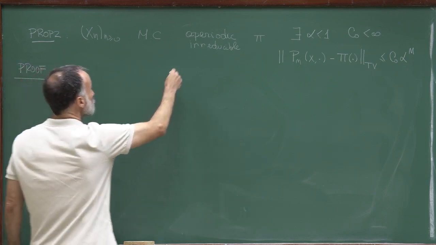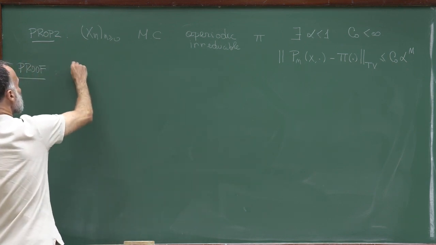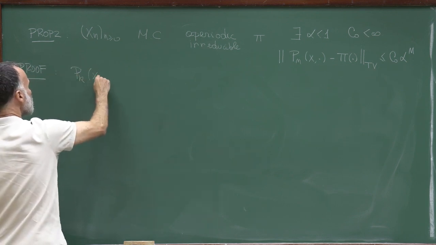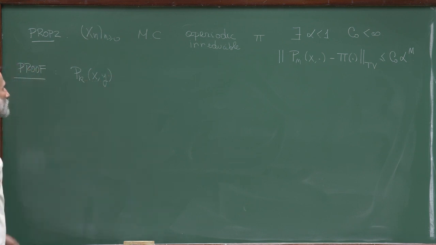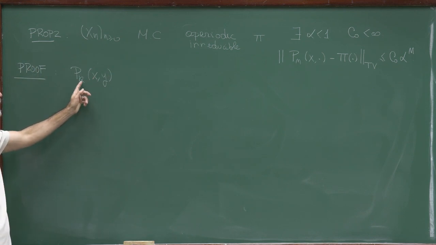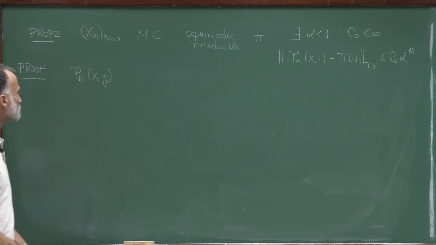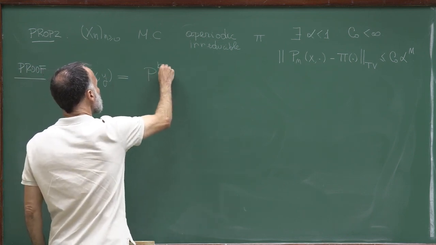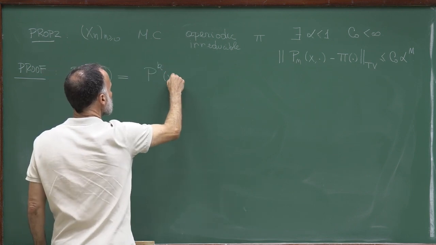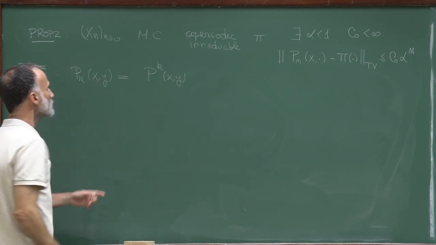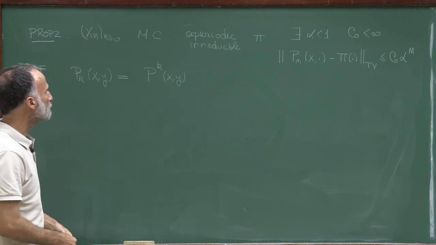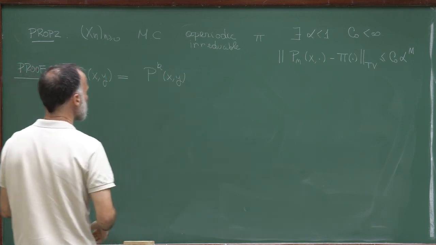Well, let me represent by p^k(x,y), I think it's clear, the transition probability at time k. So it's the probability that starting from x, at time k you are at y. So p is the transition probability at time 1, and p to the power k is the product of p with itself k times.